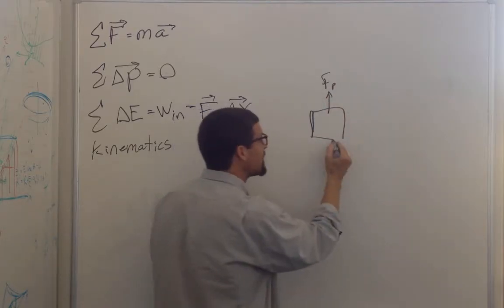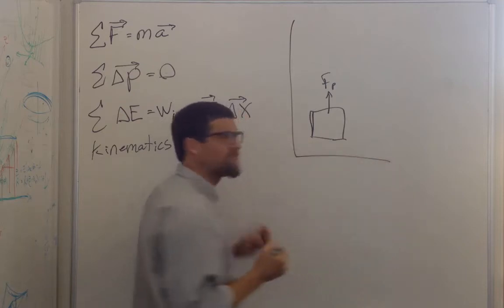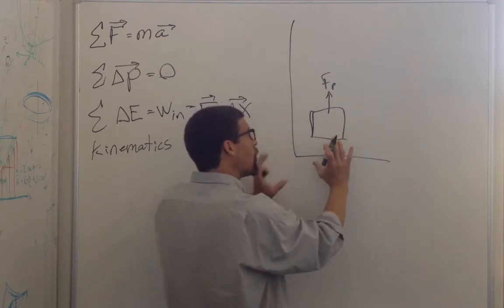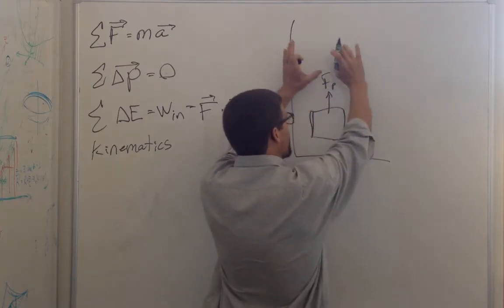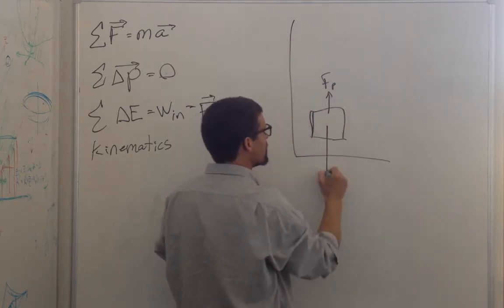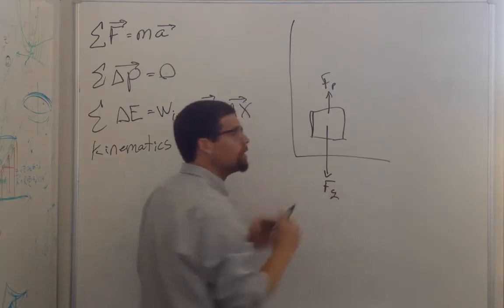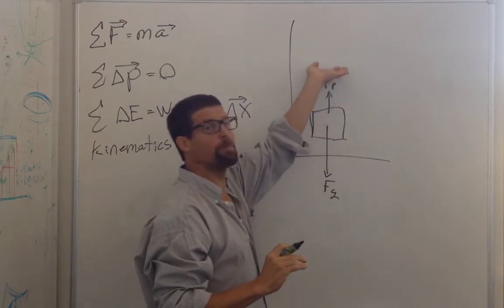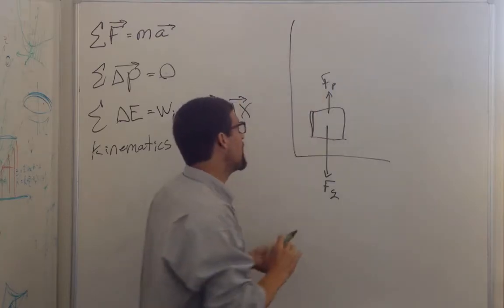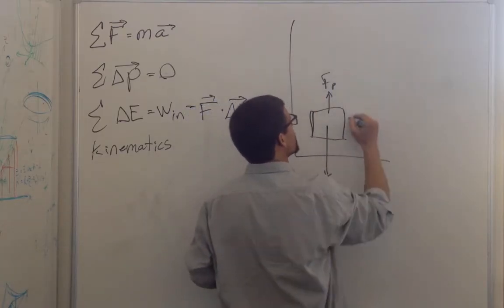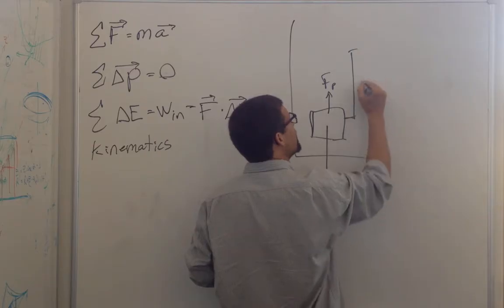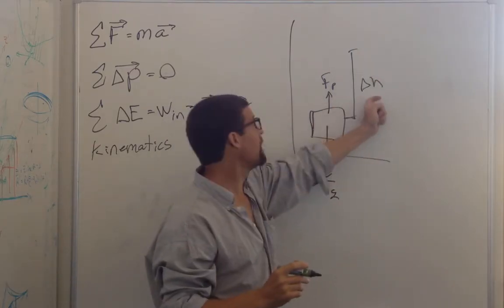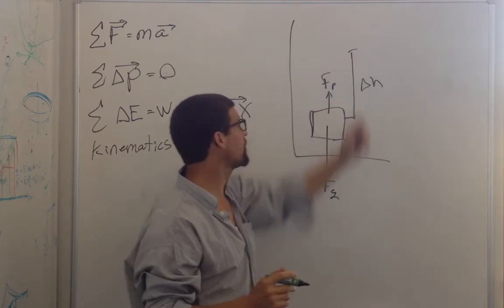However, if this were not sliding, but rather this was at a cliffside, and I pulled it hard enough so that it moved upward, and let's say this force was equal to the force of gravity, so it wasn't speeding up. I'm just compensating for gravity as I push on it upwards. Then we have force times delta h is work because the force and the change in displacement are in the same direction.